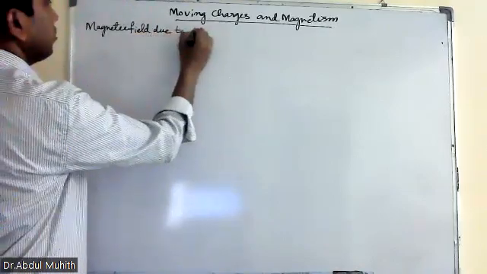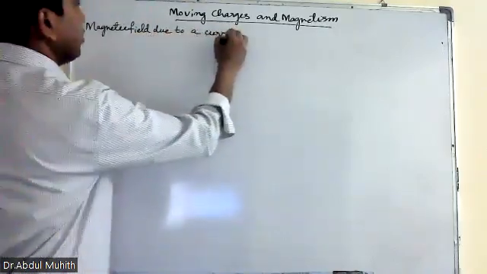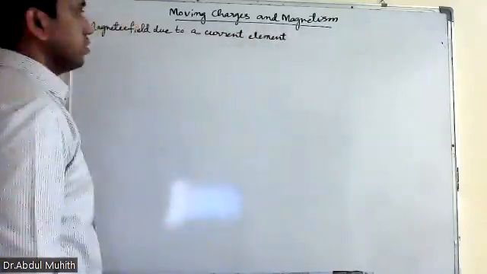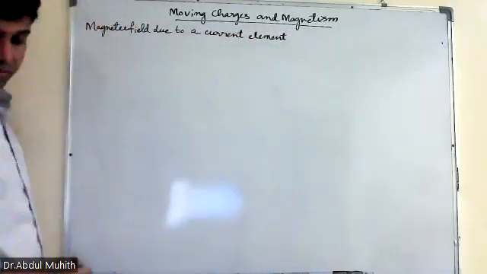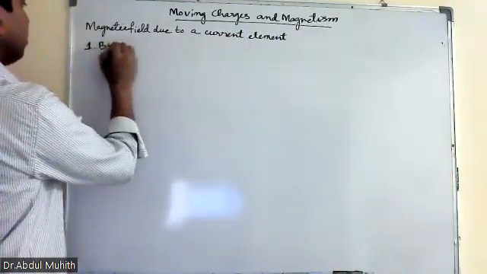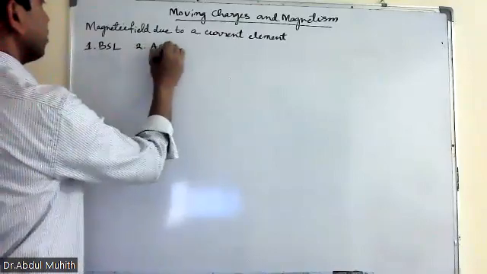Magnetic field due to a current element. So what will happen now? Here we have 2 laws. One is BSL, and the second one is ACL.